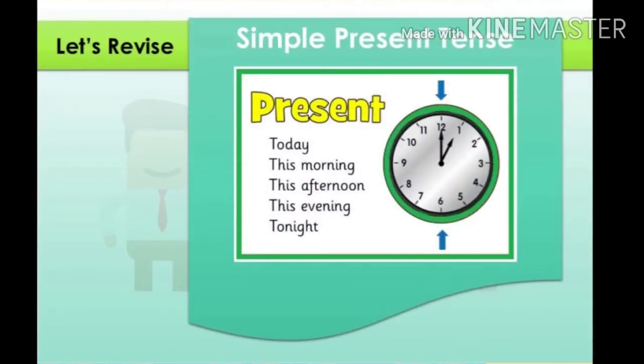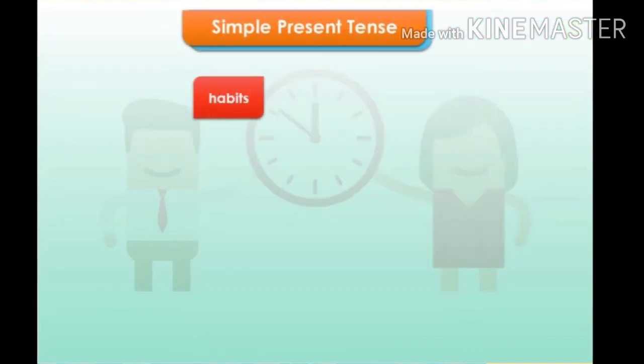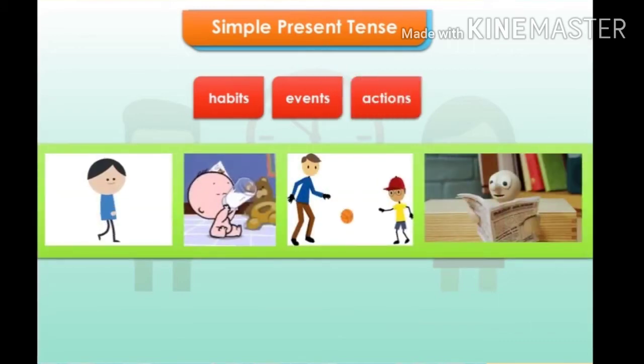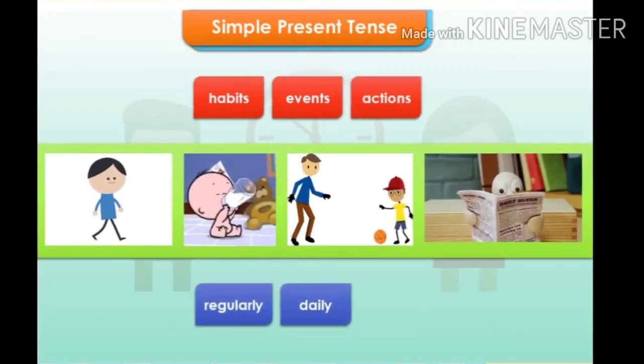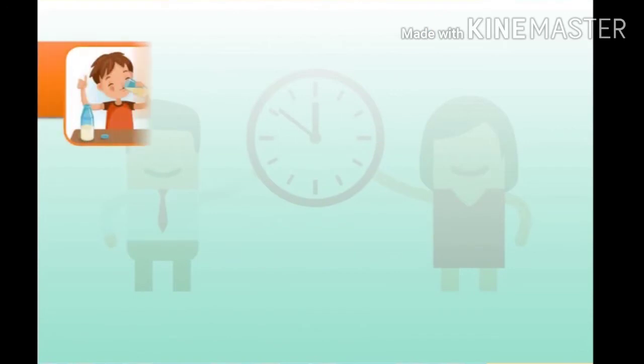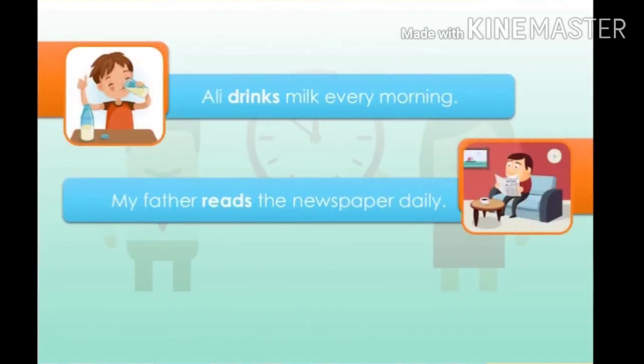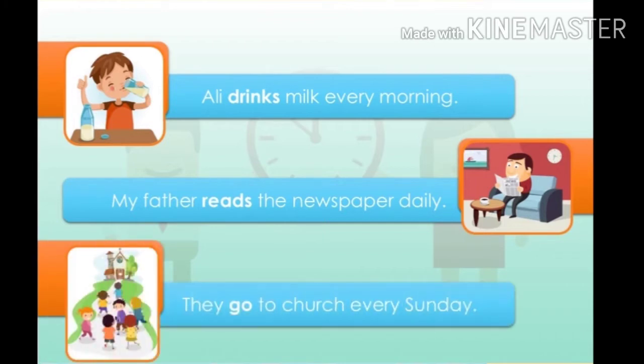It is used to show habits, events, and actions that are happening regularly, daily, or repeated very often. Now look at these sentences. Ali drinks milk every morning. My father reads the newspaper daily.